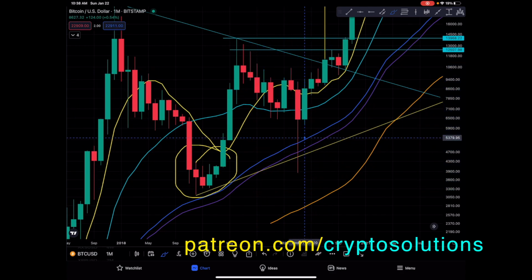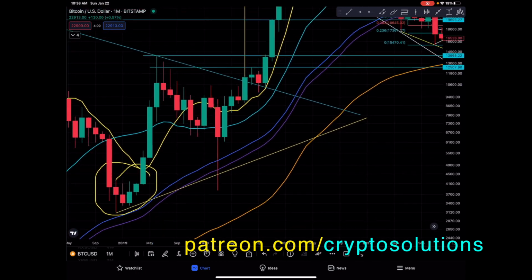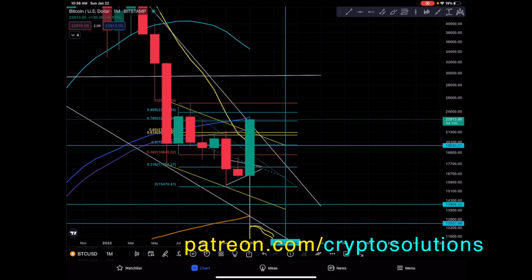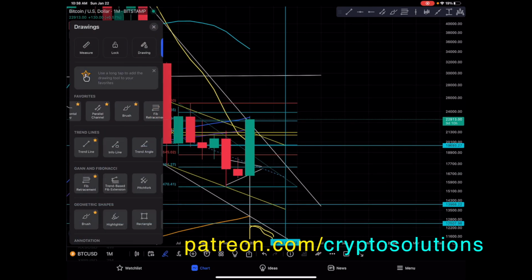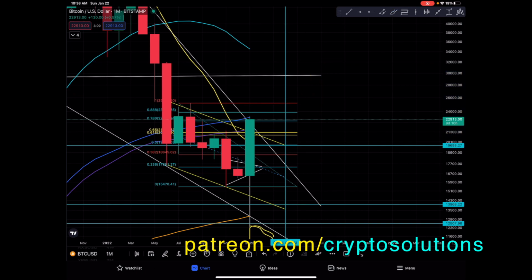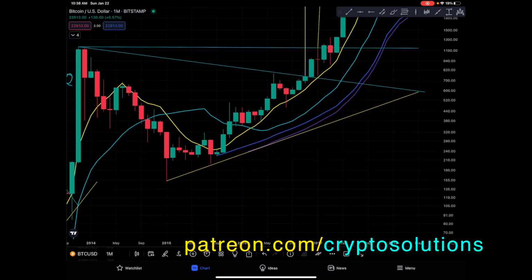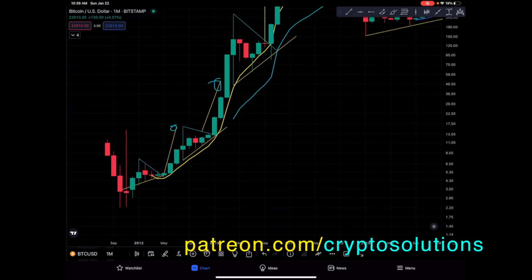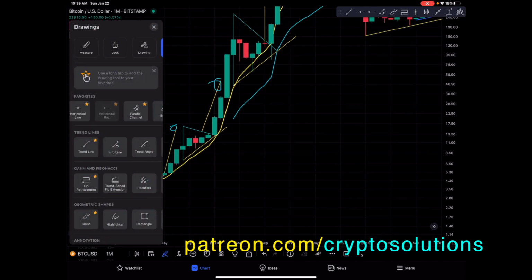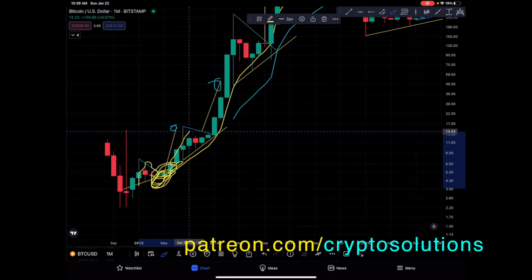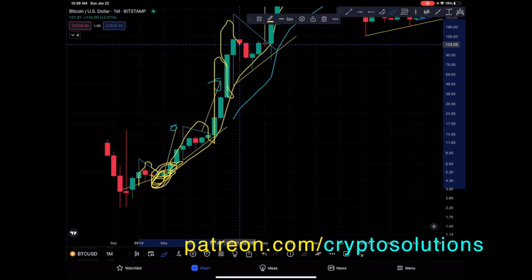So right now, using this, unless a black swan event happens, this is indicating more continuation to the upside, and that's based on so much history for using this 8 simple moving average in the monthly time frame for the Bitcoin price. It's very clear, as long as that monthly body candle close stays above that yellow line, it's just continuation to the upside.